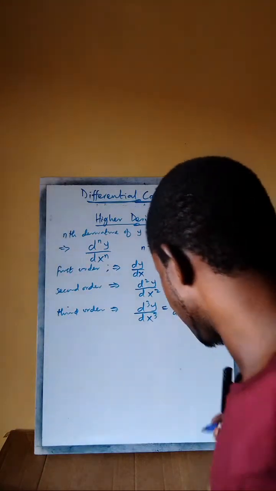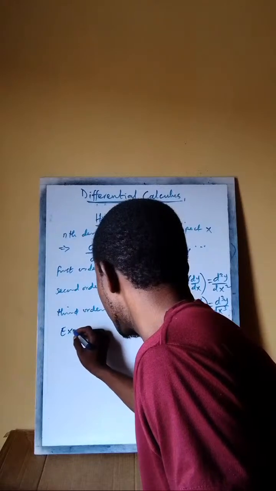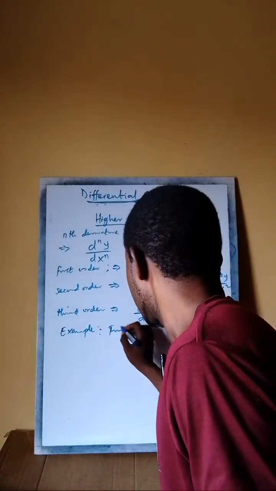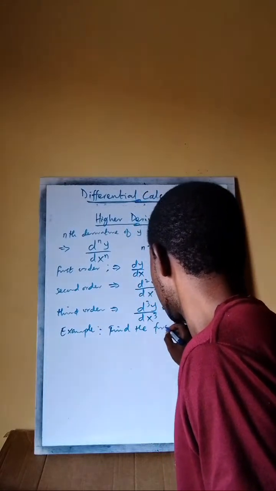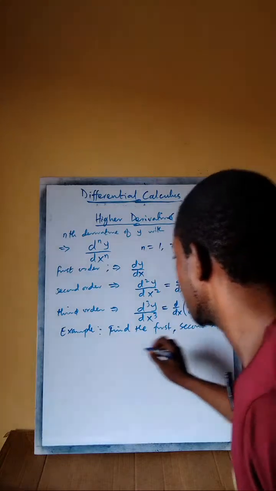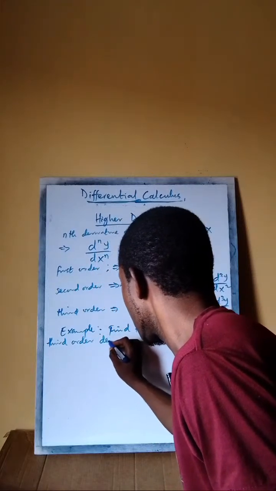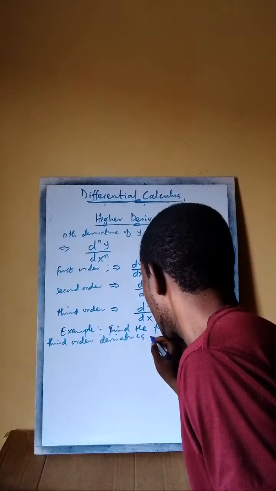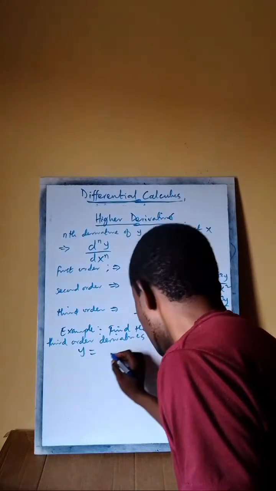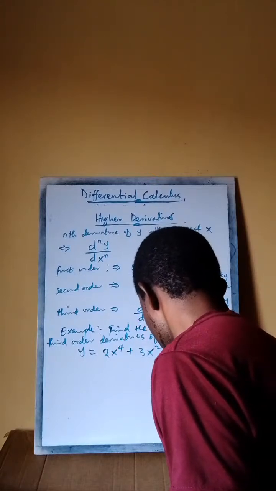Find the first, second, and third order derivative of y equals 2x raised to power 4 plus 3x squared minus 4.